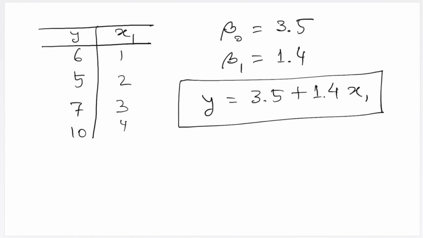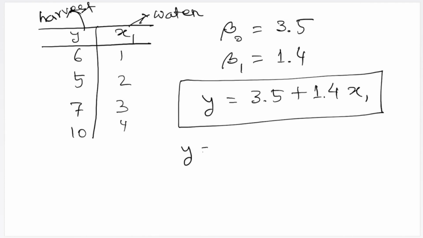If x1 is the amount of water and y is harvest, now if someone asks us, okay, if I apply 6 units of water, then what will be the harvest amount? We'll say that, okay, we can answer your question.